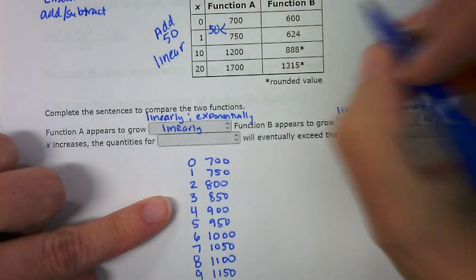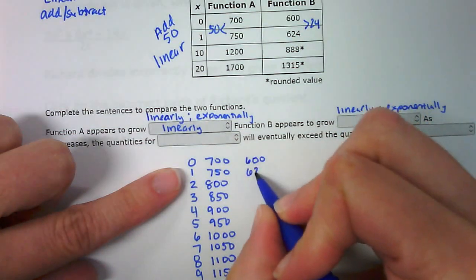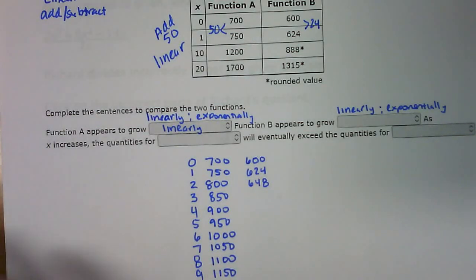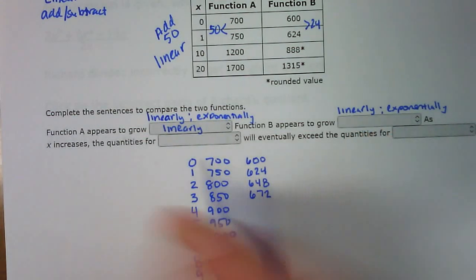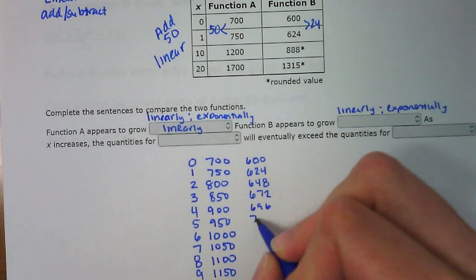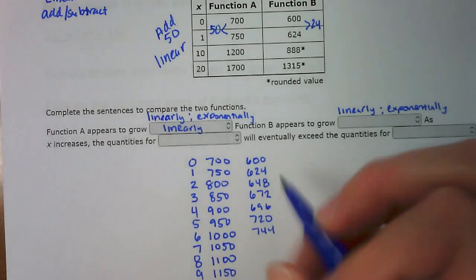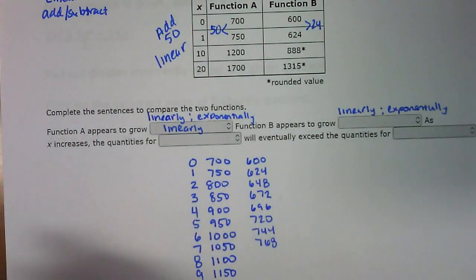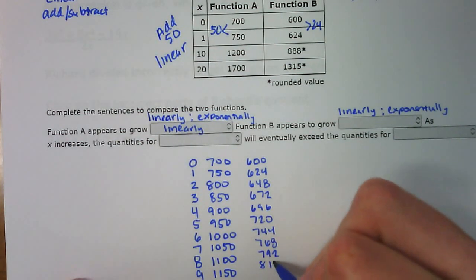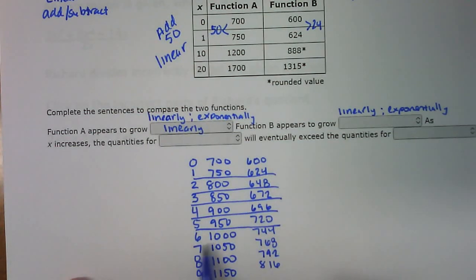Okay. Function B, here it looks like I add 24. So if I do that pattern, if I add 24 every time, I'm at 600, I'm at 624, I'm going to be at 648, and then 672, 696, 720, 744, 768, 792, 816, and let me line these up better.